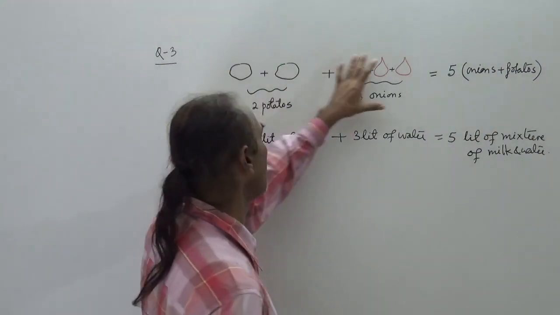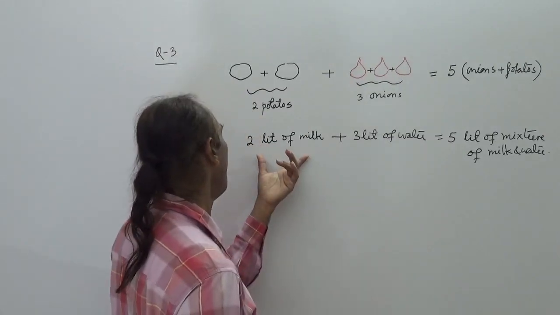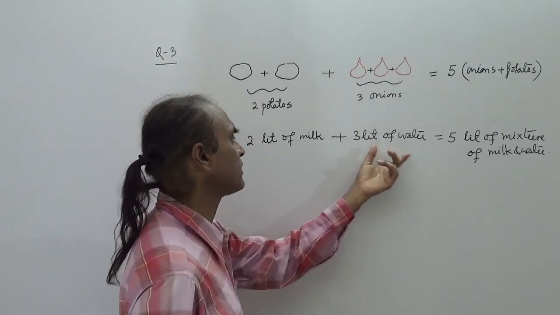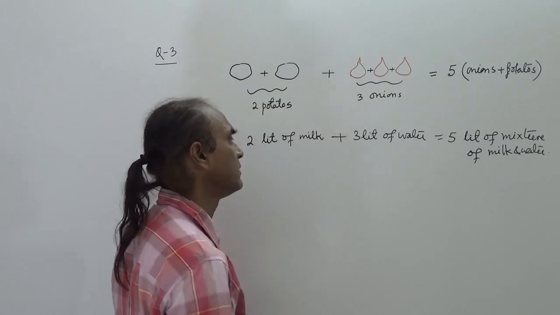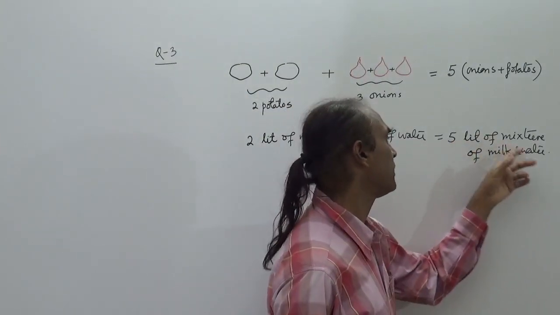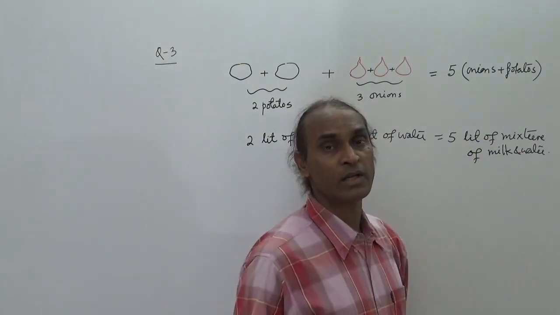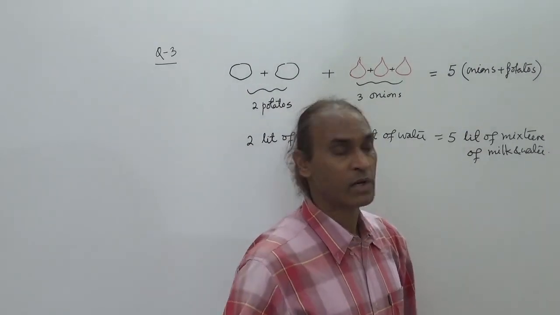So the scalars you can add in this way. 2 liters of milk and 3 liters of water, when you add, you get 5 liters of the mixture of milk and water. It is totally practical.